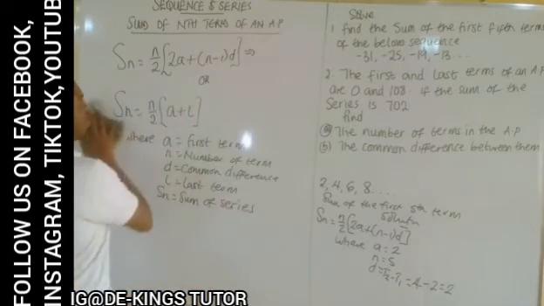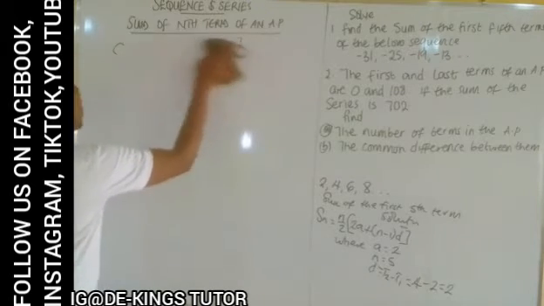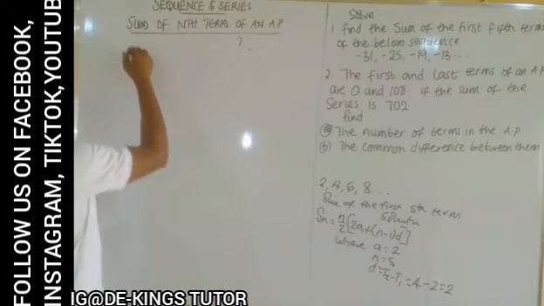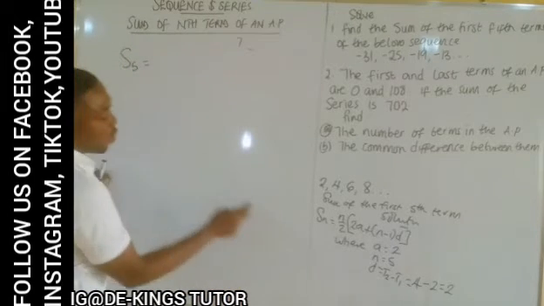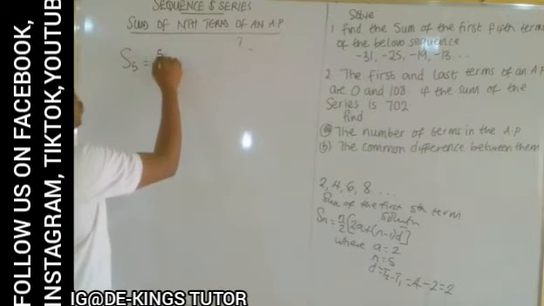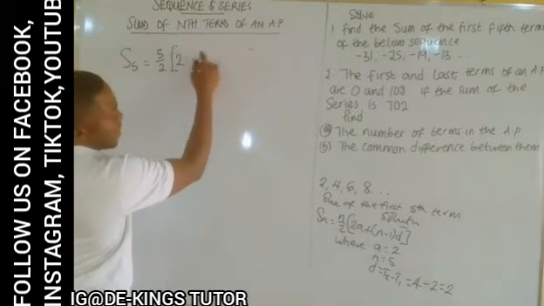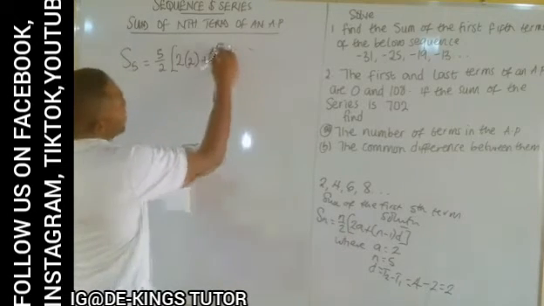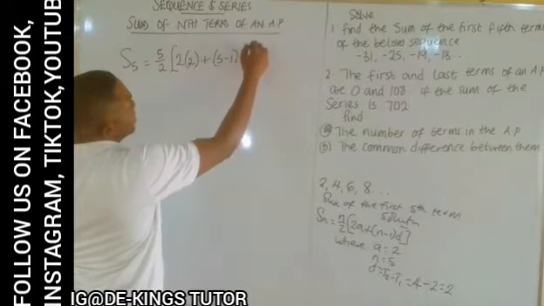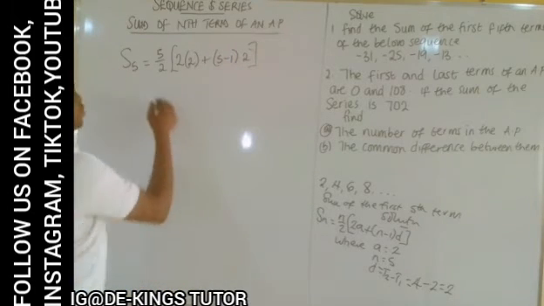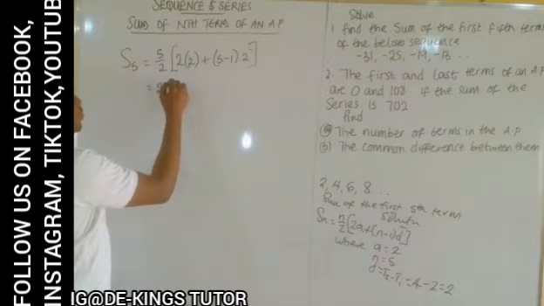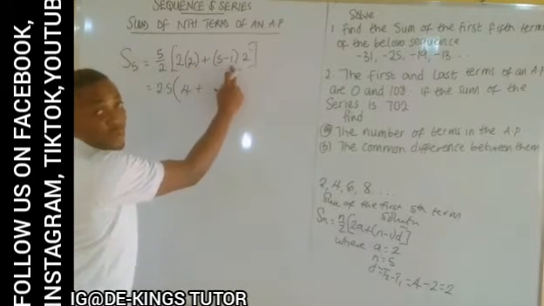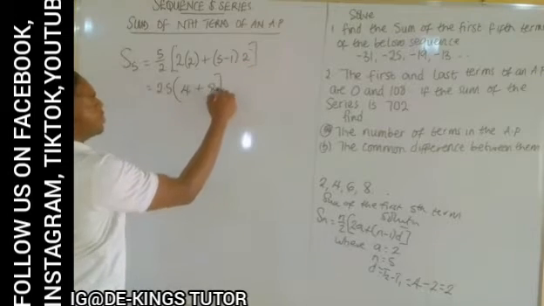So if I do that, I'll have S5 equal, what's our n? 5 over 2 into 2 times, what's our a? Our a is 2, plus, what's our n? n is 5, minus 1, what's our d? Our d is 2. So 5 divided by 2 gives us 2.5. 2 times 2 is 4, plus 5 minus 1 is 4, times 2 is 8.